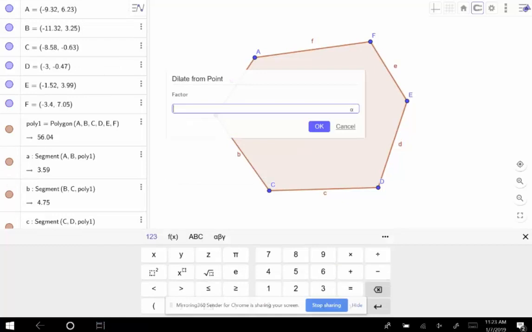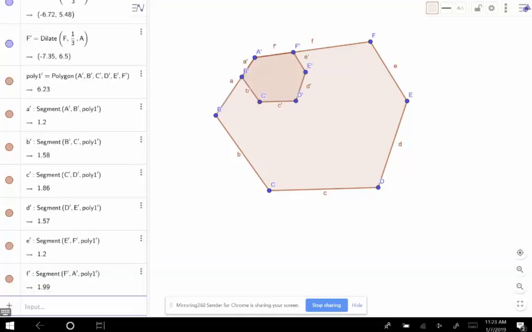So we will maybe shrink this by a factor of, let's say, 1/3. Okay, so the polygon which is inside is actually similar to the polygon which is bigger, and the constant of proportionality here, our lambda, has been selected to be 1/3.